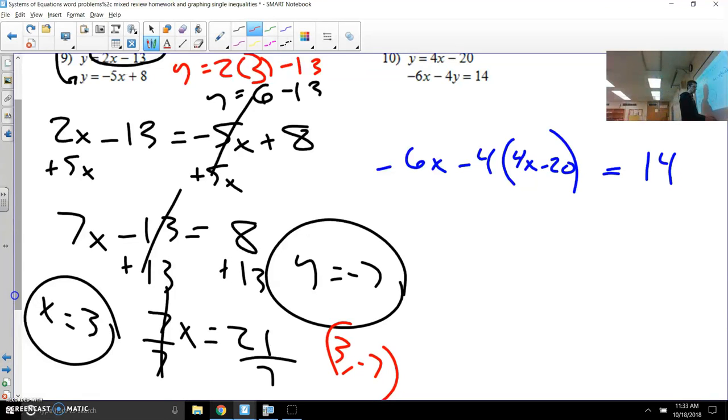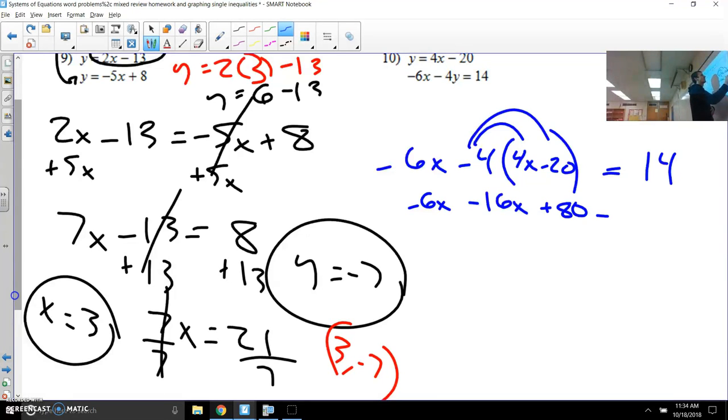So let's solve and see what we get. This negative 6 still needs to stay in front, but this is now negative 16x. Negative times a negative, this is now positive 80 equals 14. So when I'm combining like terms here, this is going to give me negative 22x plus 80 equals 14.